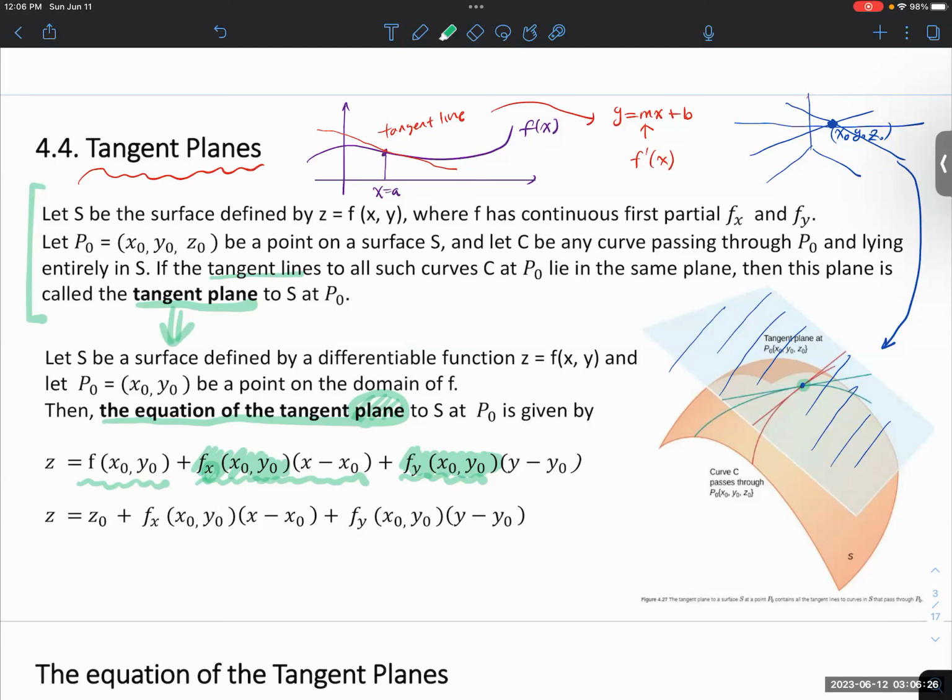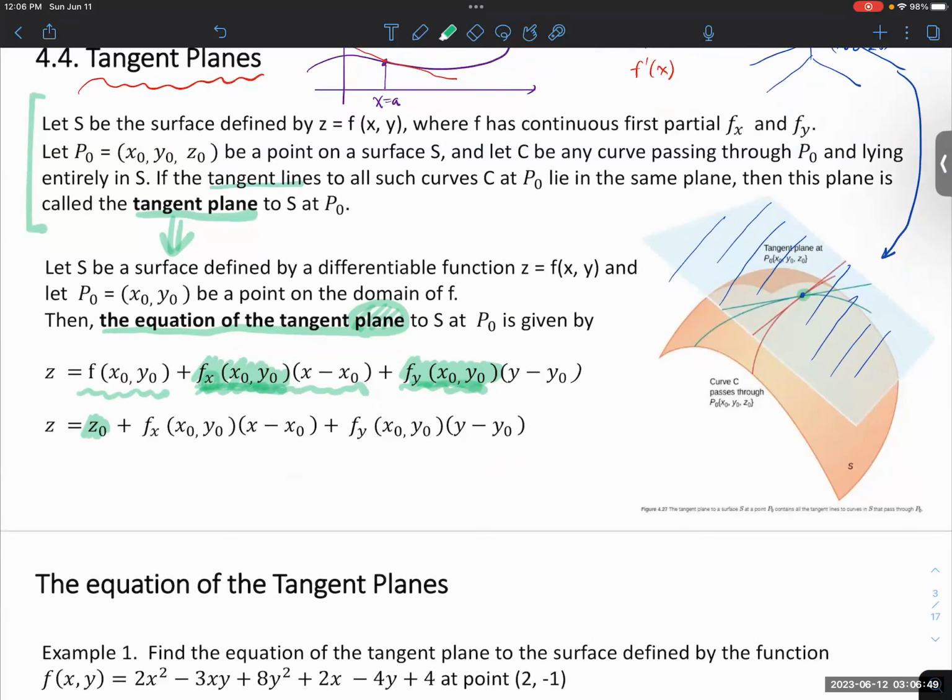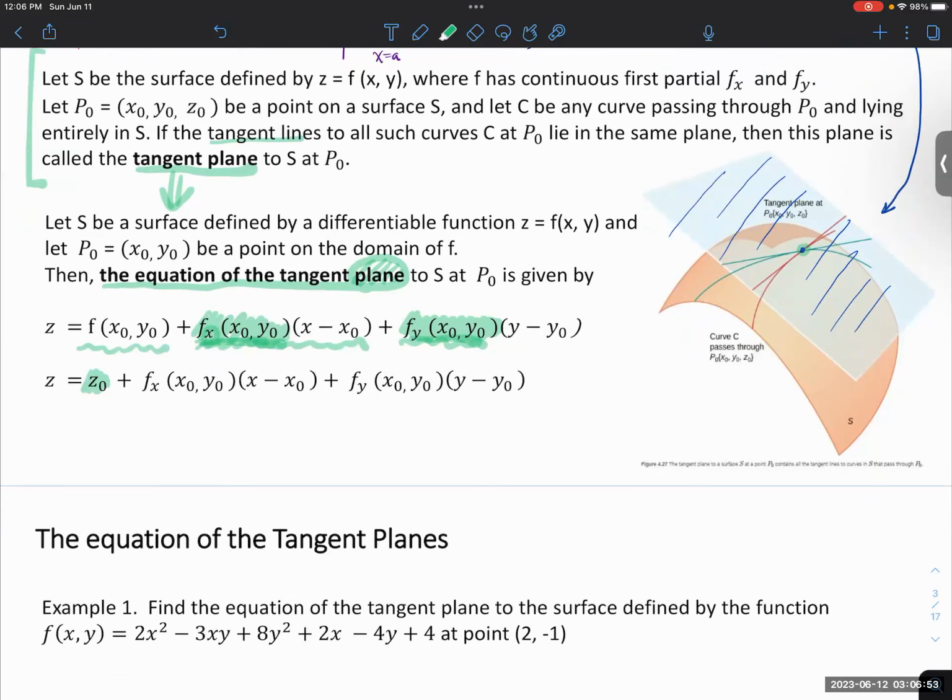Sometimes, depending on the textbook, f of x0, y0 can also be written as z0. So we know how to find that, but you need to find the partial derivatives with respect to x and y. That plays the same role as the slope of the tangent plane. So as you see, it's a very understandable topic, nothing complicated.